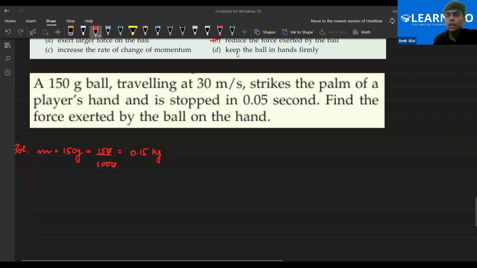Check it. Is Farhan's answer correct? Yes, sir, I'm checking. The ball is traveling with an initial velocity of 30 meter per second. V is 0, and the time taken to stop the ball is given.